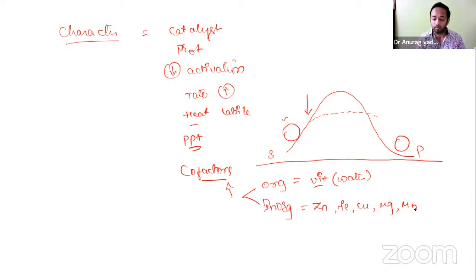What will these do? They will stabilize the enzymes. Enzymes can work in the absence of these cofactors also, but the rate of reaction will be slow, and the stability of the enzyme will be low. So that's why these cofactors help. They are like friends. They are doing one function: converting substrate to product. Sometimes the enzyme cannot do it alone. They need some other friend to accompany them.